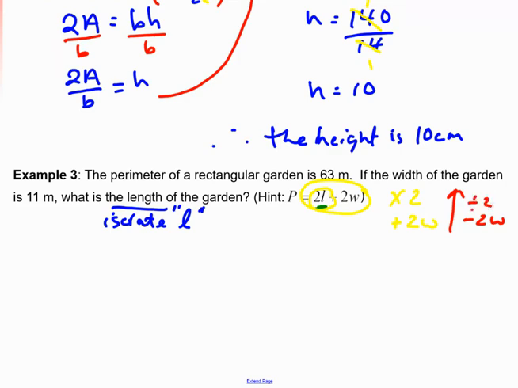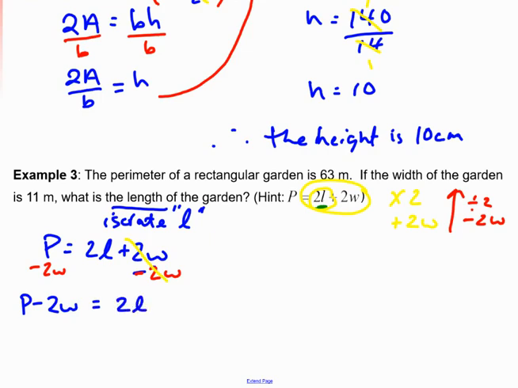All right, so our first step would be, 2L plus 2W. The first thing we want to do is subtract 2W from both sides. So what are we going to be left with? Well, these are going to cancel. So we have P minus 2W equals 2L.